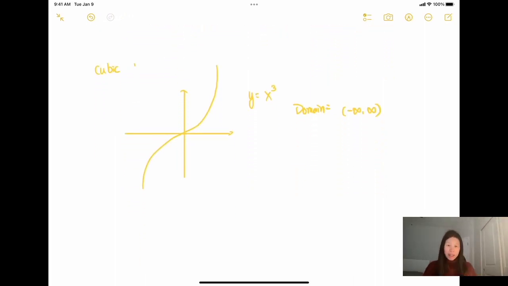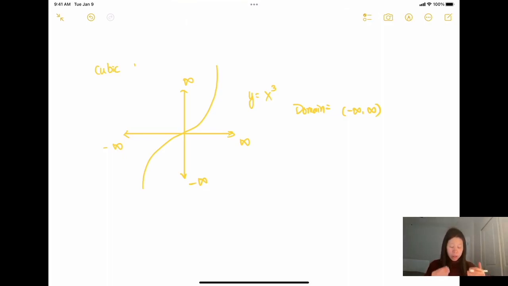Because when you look at this, you need to know that to the far right, it's going to be positive infinity, and to the far left, it's going to be negative infinity. Going far up, it's going to be positive infinity, and far down, it's going to be negative infinity on the y-axis.